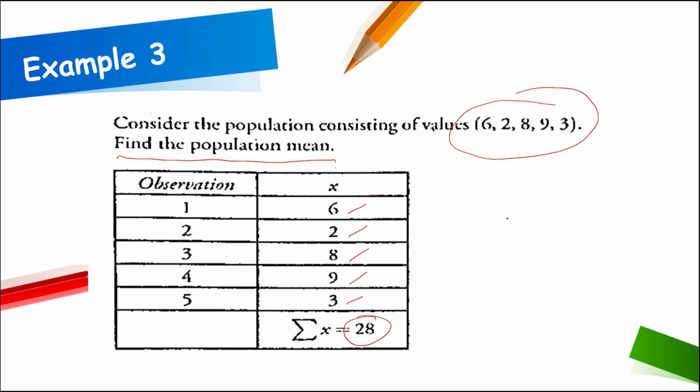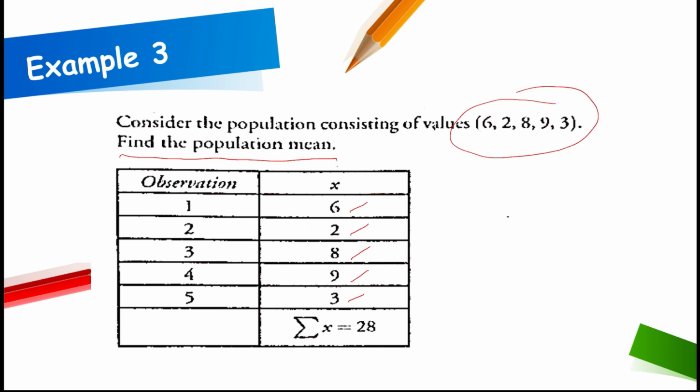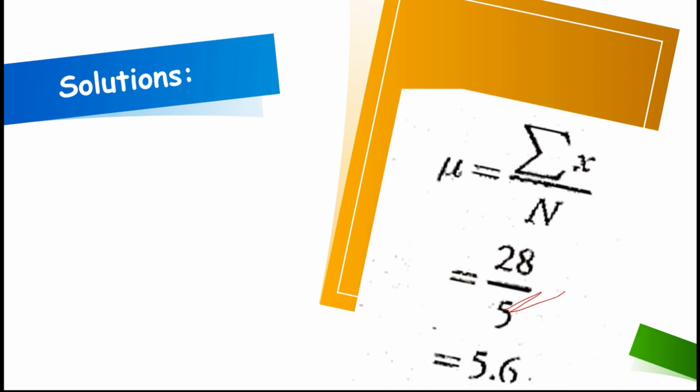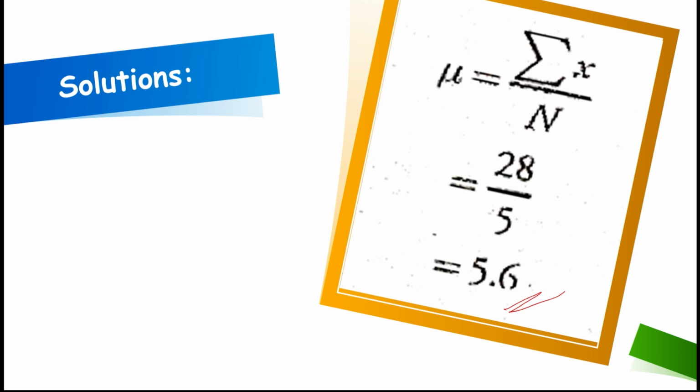These are 6, 2, 8, 9, and 3. Getting the summation of the population values, we have 28. So, population mean is computed using the formula mu is equal to the summation of x over capital N. Replacing summation of x equal to 28 over 5 observations, and therefore the population mean is 5.6.